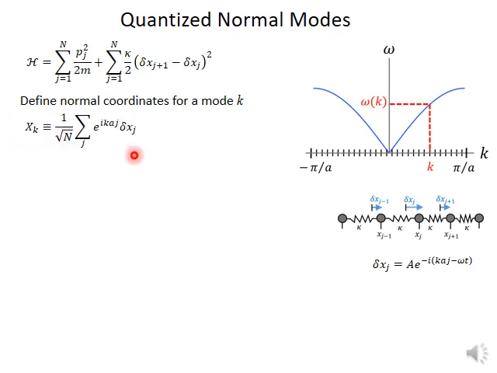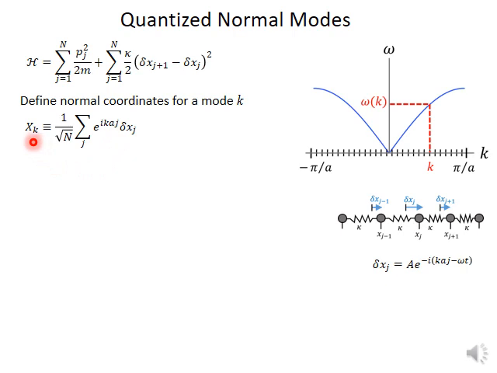So let's do that, and the recipe is something like this. So xk would be the normal coordinate or the normal displacement for one particular K mode. So how do you do this? You take the displacement of the jth atom in the crystal, and this displacement is the total displacement, not only due to the kth mode, but from all the modes which are present in the system.